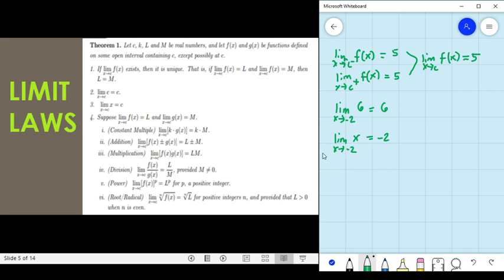For example, we have the limit of 5 times g(x) as x approaches 3.